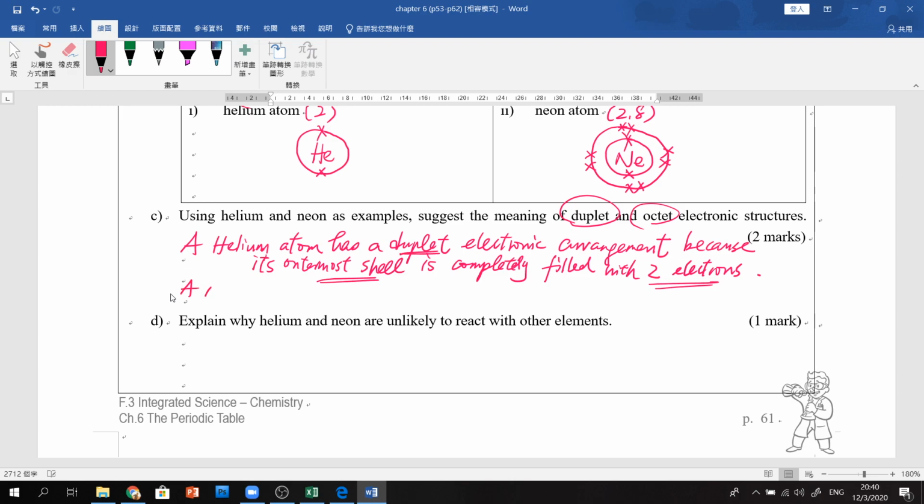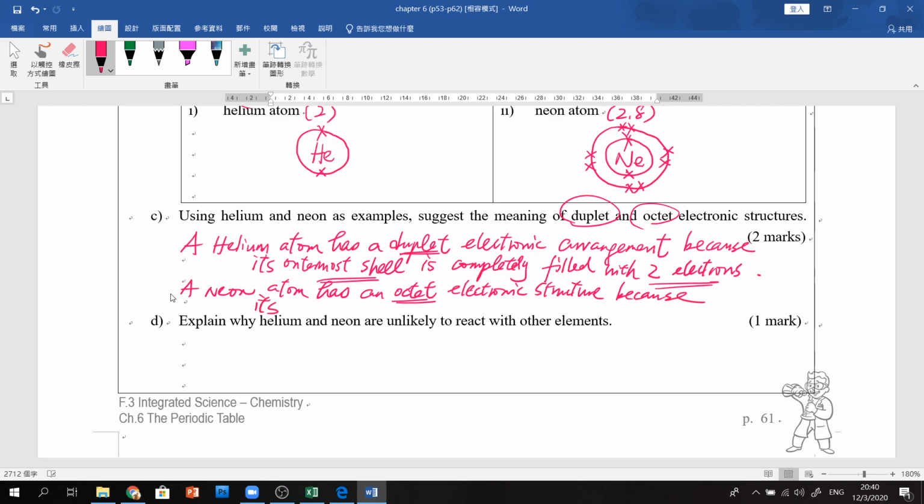So how about neon? And a neon atom, how would you describe it? It's not doublet, it's an octet. Octet electronic structure. Because of what?